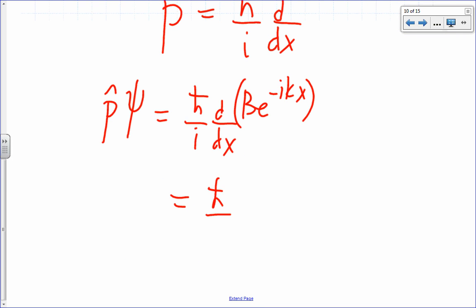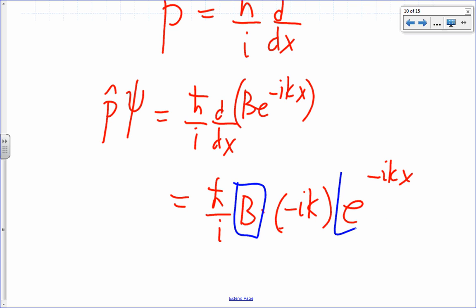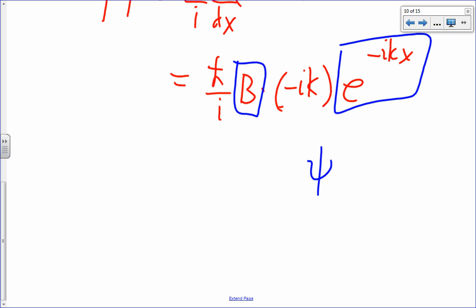h bar over i times b. What's the derivative of e to the negative ikx? Negative ik times e to the negative ikx. And this one, that's just psi, right? So that's psi. And i and negative i cancel out. So that's negative h bar k times psi.